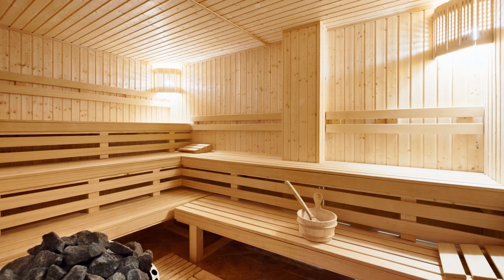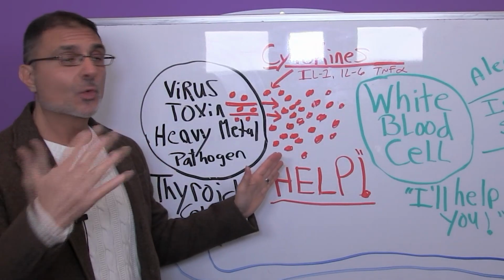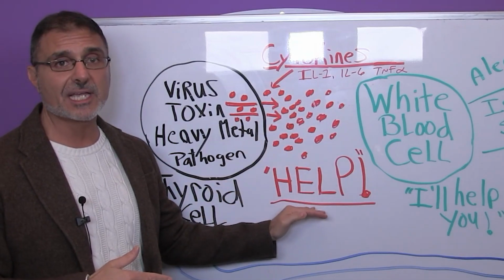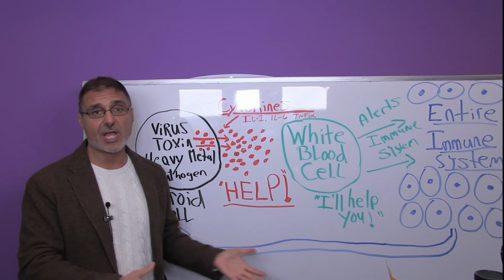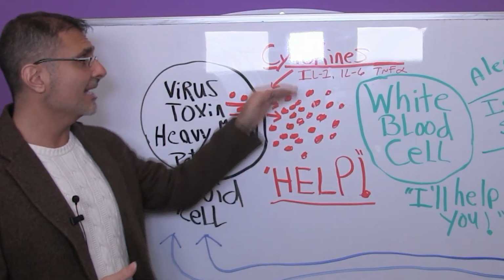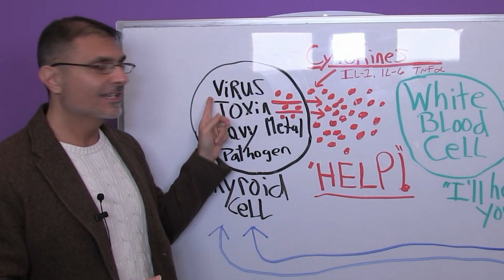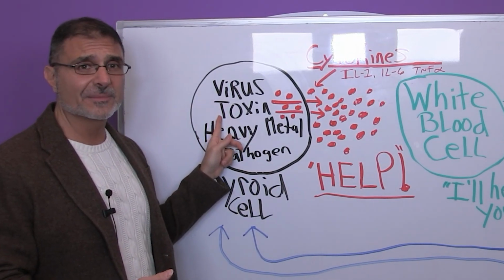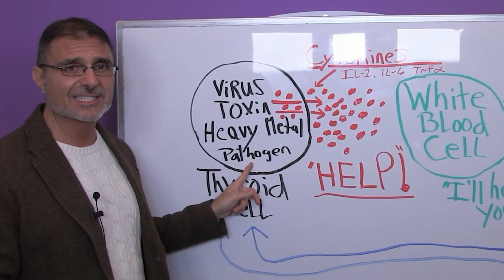Like sauna, for example. Being in a sauna can help release heat shock proteins, which reduce inflammatory cytokines. Doing cold baths can release cold shock proteins, right? Which, again, reduce cytokines. But will they kill a virus? Will they remove a heavy metal from a cell? Will they destroy a pathogen that's attacking or invading a cell?